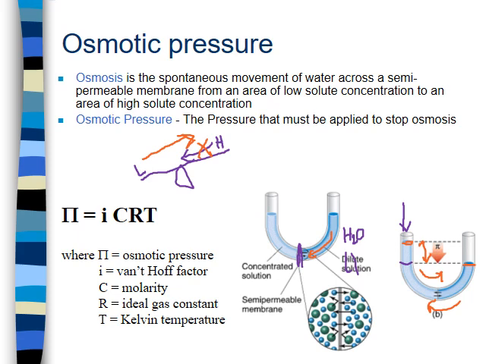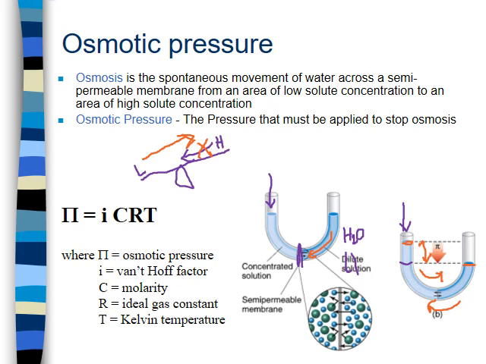A third way to think about it would be you could start with the original U-shaped tube and apply that same pressure at the beginning before the osmosis has happened. As you're applying that pressure right from the beginning, you're preventing the osmosis from happening in the first place. So there's three different ways of thinking about what osmotic pressure is.